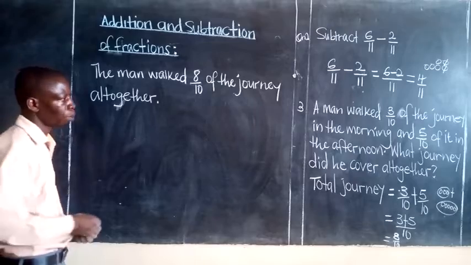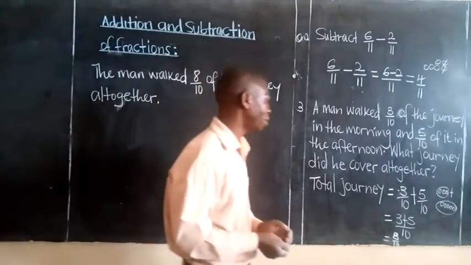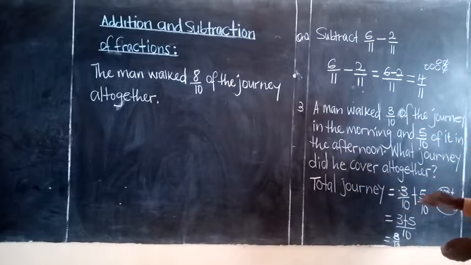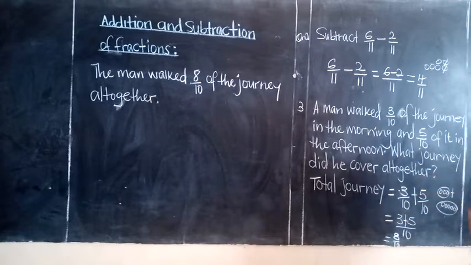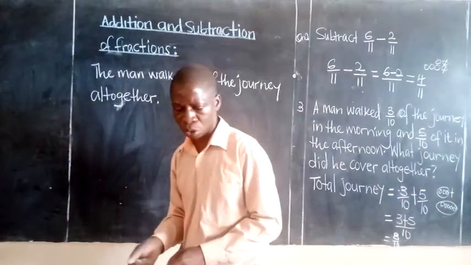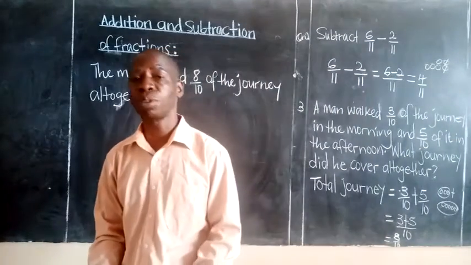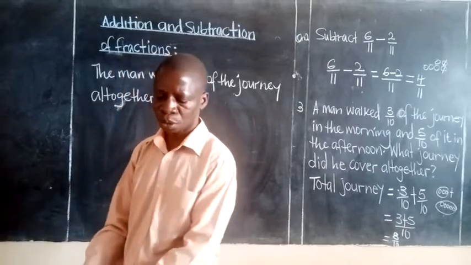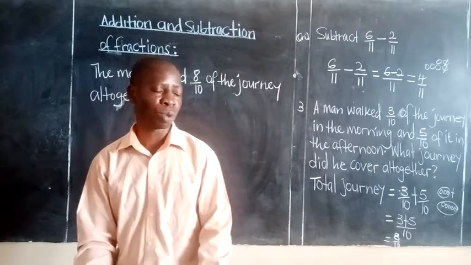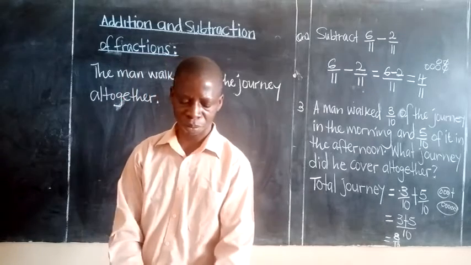Full stop. So that is it. When they talk of altogether, we just add to get altogether. That is very important to note. We are doing that just to make you gain perfection. So you can do more and more numbers involving that word altogether.